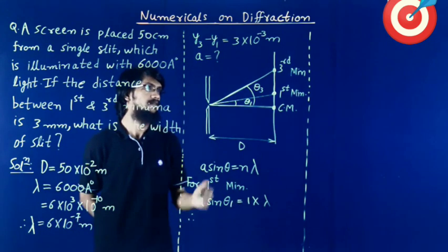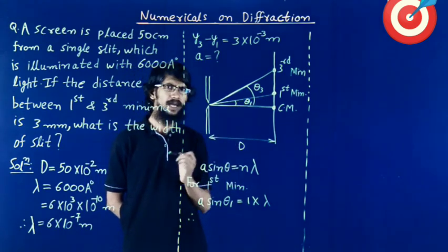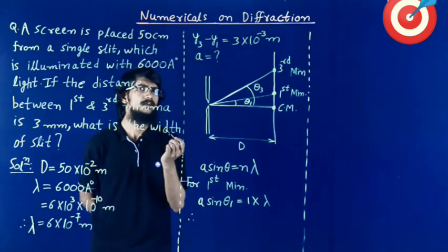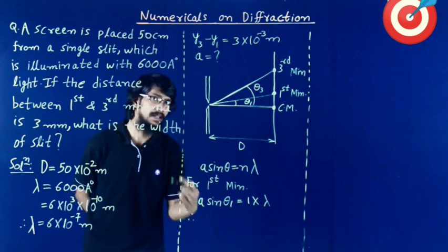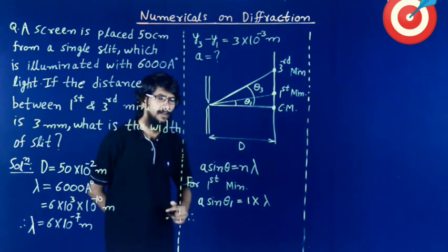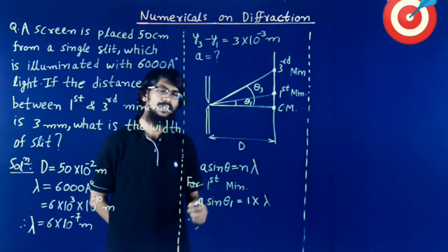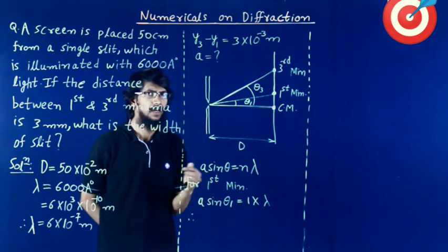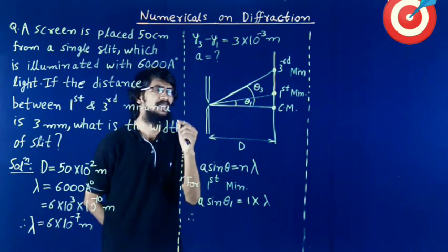Now sine theta 1 can be approximated to tan theta 1, since theta is very, very small and measured in radians.